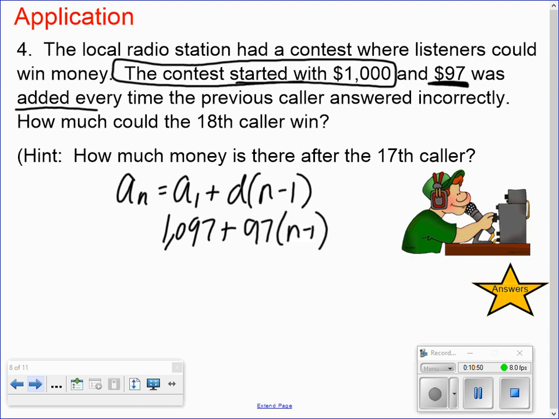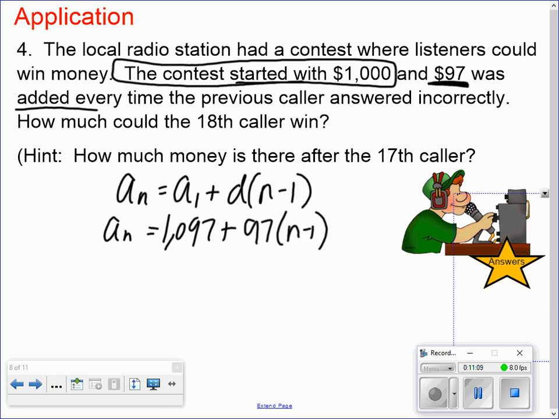Now, once we have this whole part set up, we can use it to find what the 18th caller would win. So we would need to look at how much money there would be after the 17th caller.